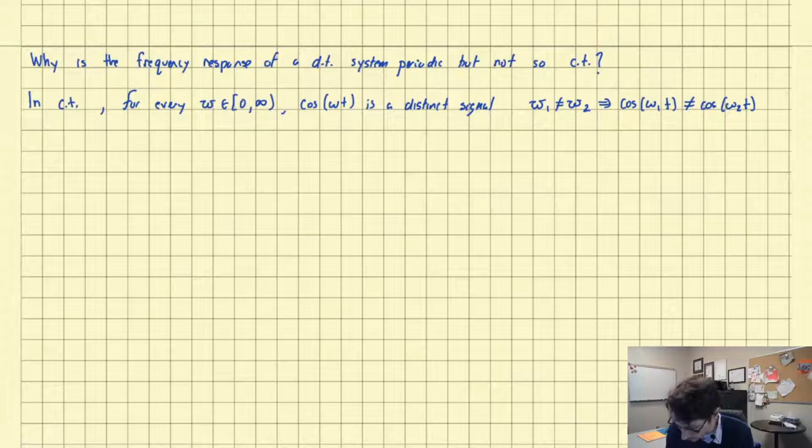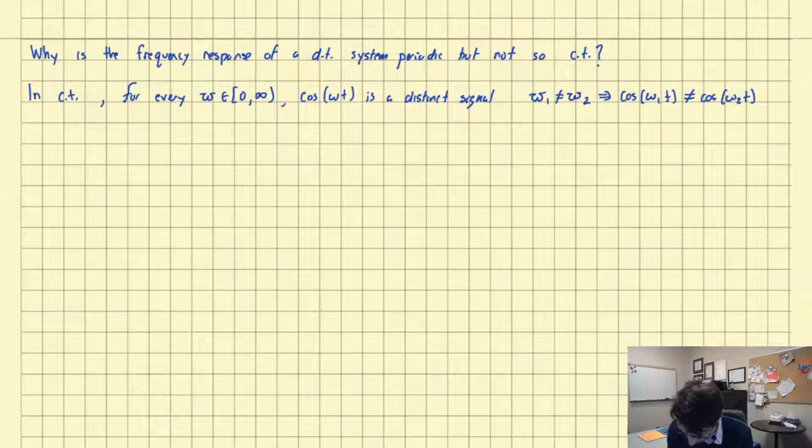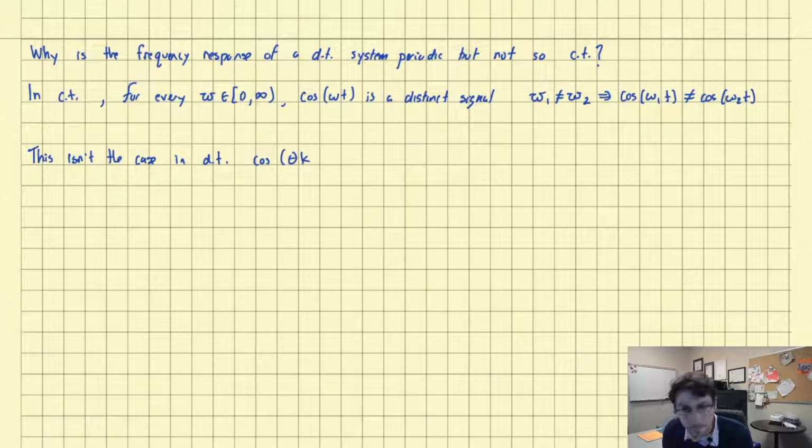This isn't the case in discrete time. In discrete time, as I start changing that parameter multiplying the time variable, theta, different values of theta produce the same signal.